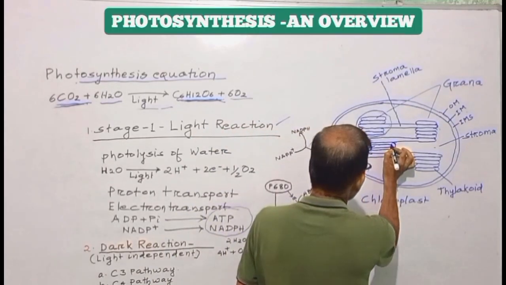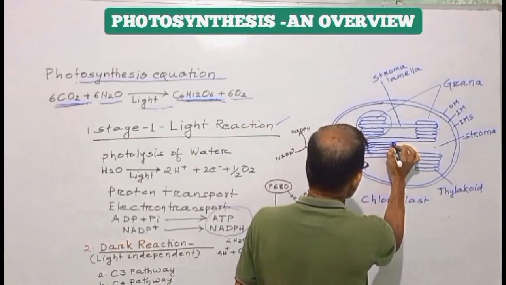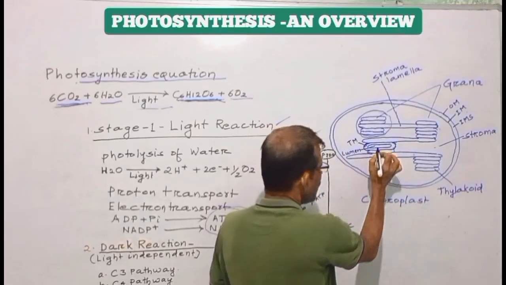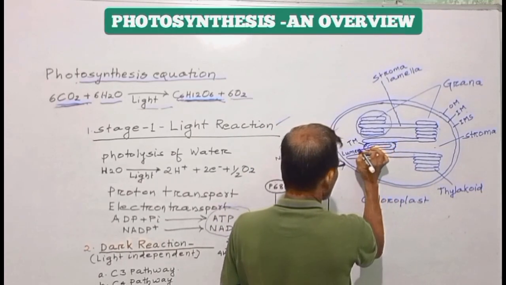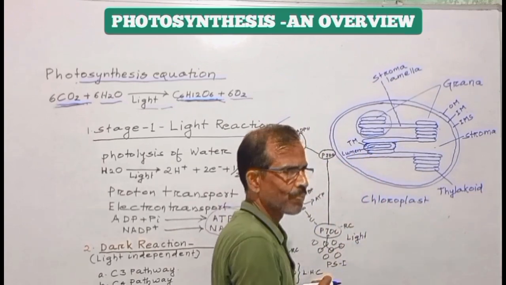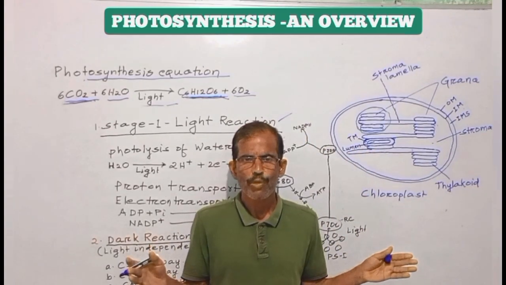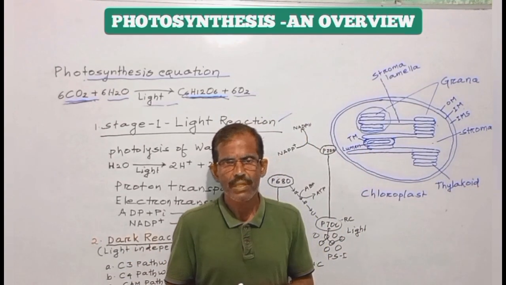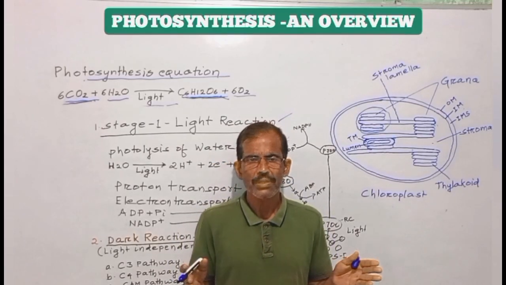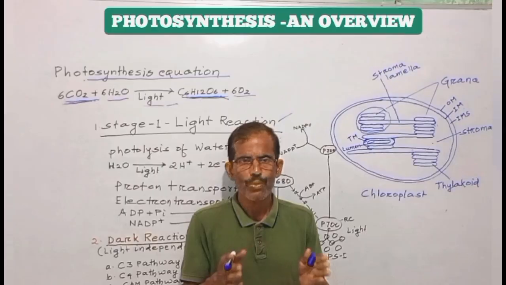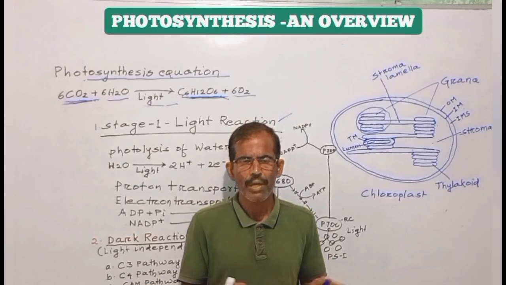Each thylakoid has a membrane known as thylakoid membrane, and the internal space which is enclosed by the membrane is known as lumen. All types of photosynthetic pigments, such as different types of chlorophylls, carotenoids and xanthophylls, are present only in the thylakoid membrane.